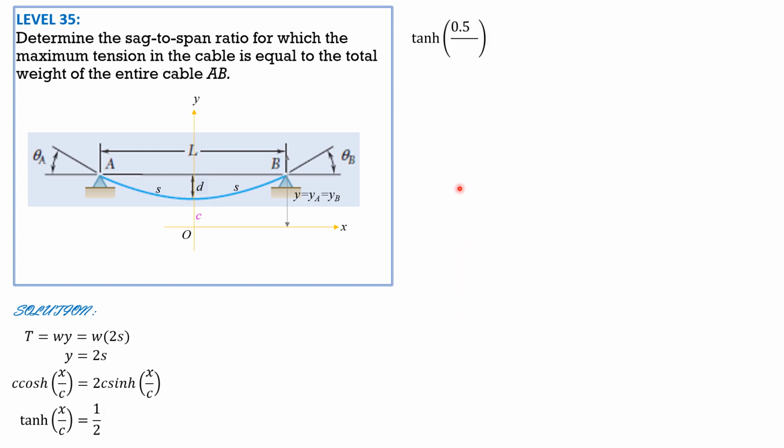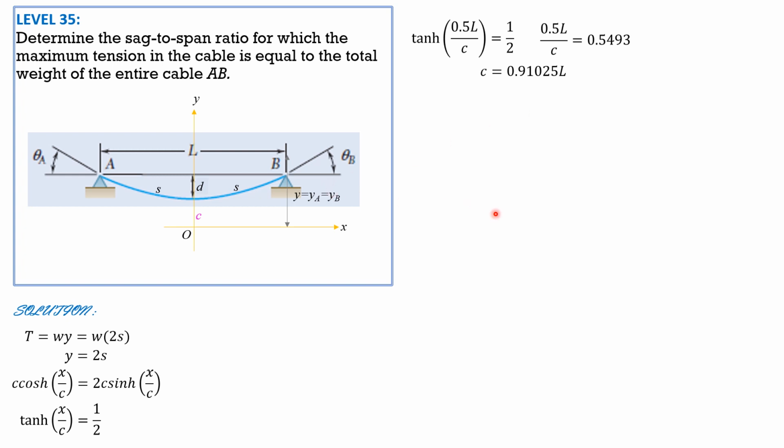And X is 0.5 of L. So from there, we can solve for C in terms of L. So 0.5 of L over C is inverse tangent hyperbolic of 1/2, which is 0.5493. So C in terms of L is equal to 0.91025 of L.